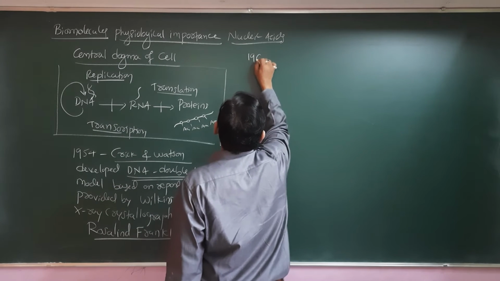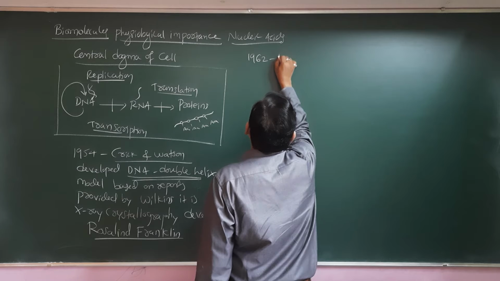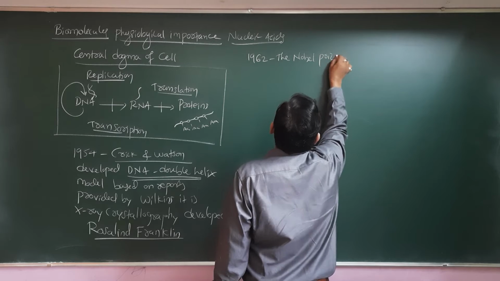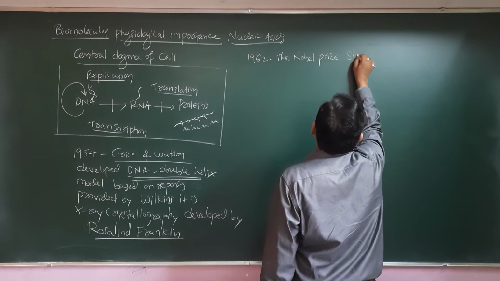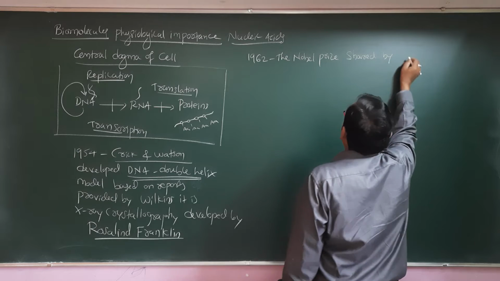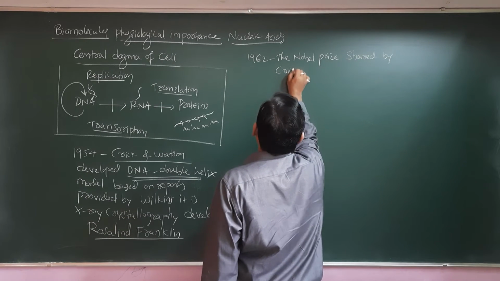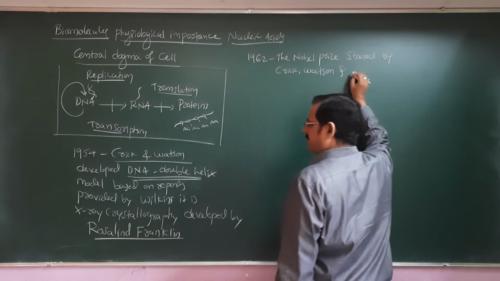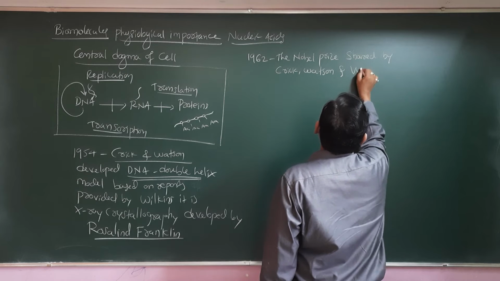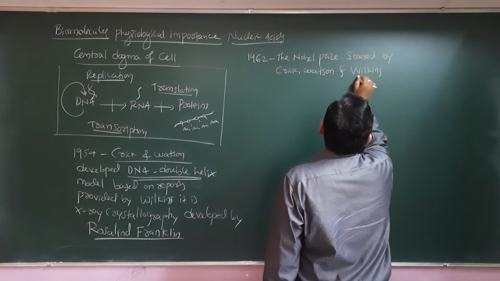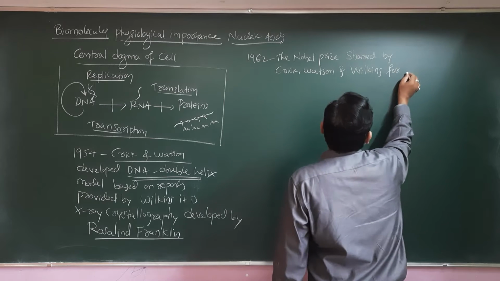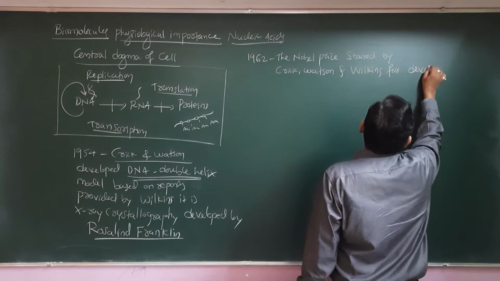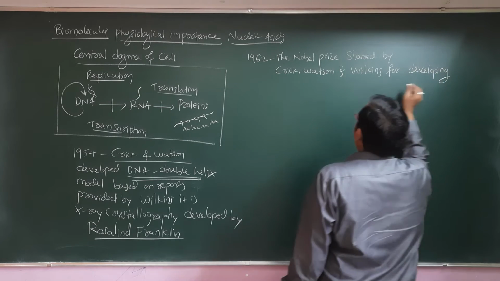In 1962, the Nobel Prize was shared by Crick, Watson and mainly Wilkins for developing the DNA double helix model.